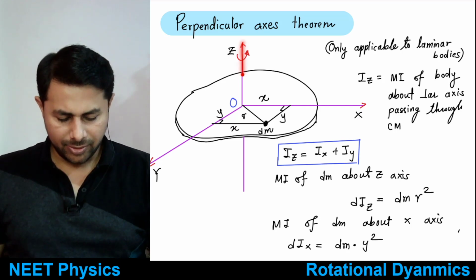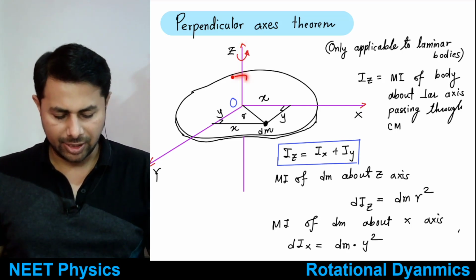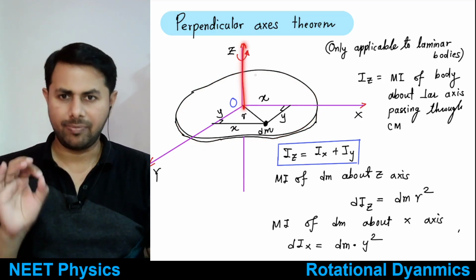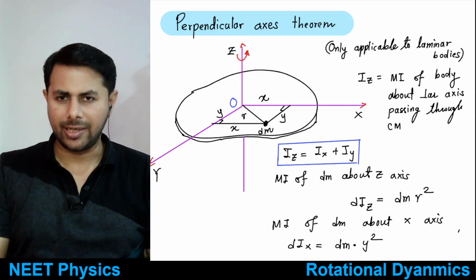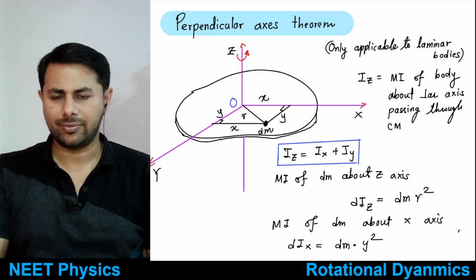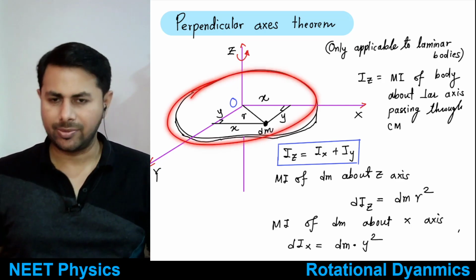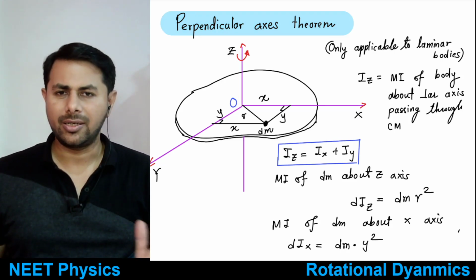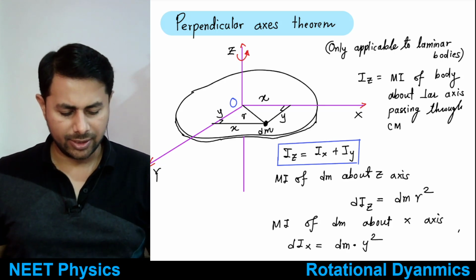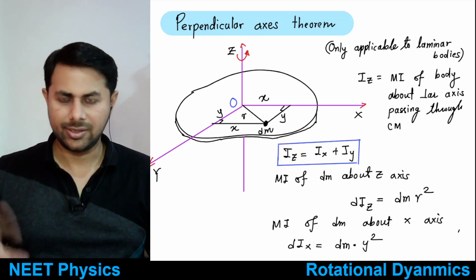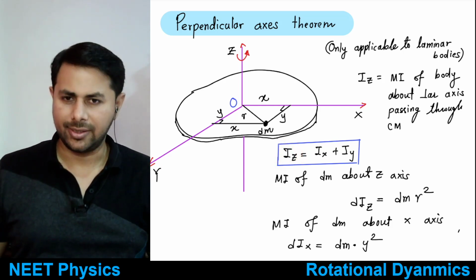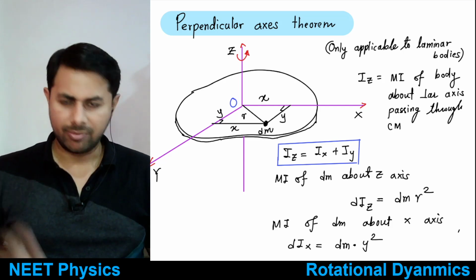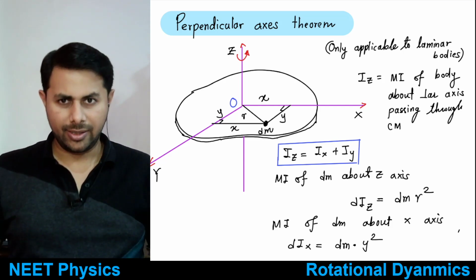So suppose moment of inertia of this object about an axis passing through its center of mass and perpendicular to its plane is known, and suppose that is equal to I suffix z, Iz. So that is equal to sum of moment of inertia about two axes in its plane, okay.